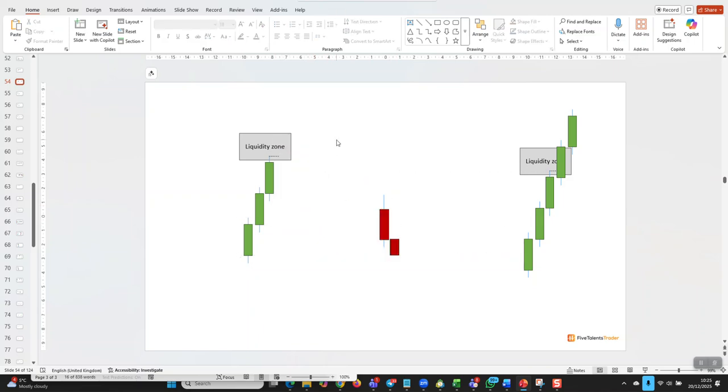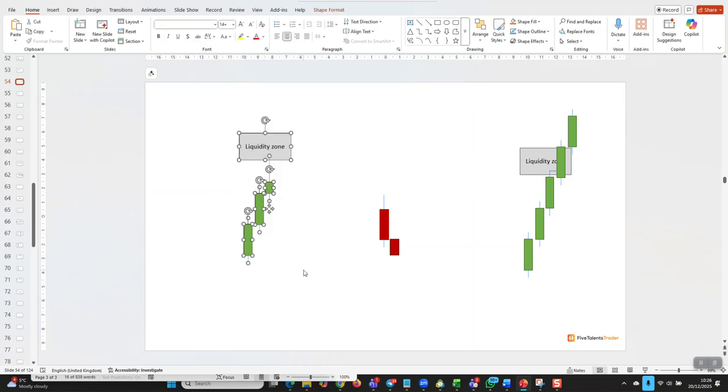What I want to be able to see is price coming and then creating some sort of rejection. So what do I mean by rejection? A long tail on that side of the liquidity zone. If it's coming up here and it hits it and then closes way below, creating this long tail, then I know that there's been a rejection. But it doesn't stop there.